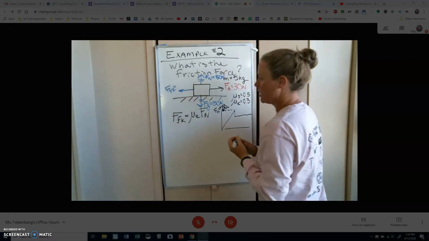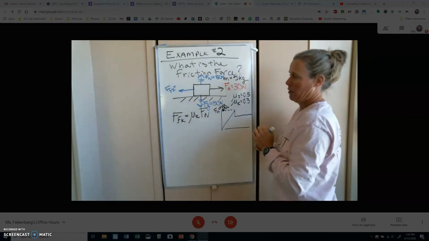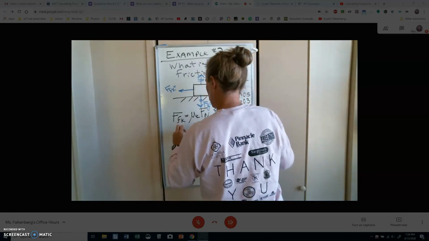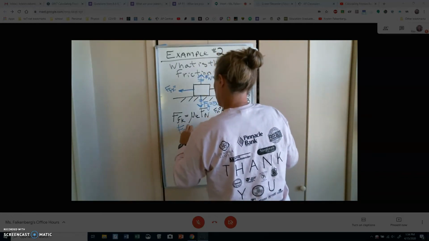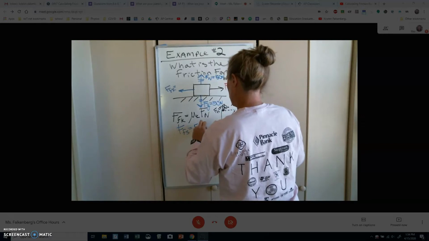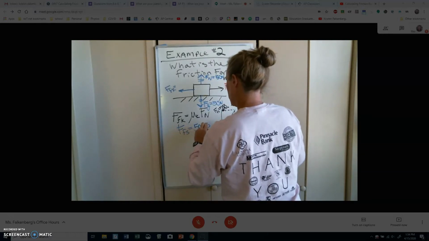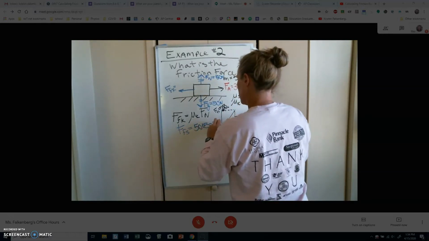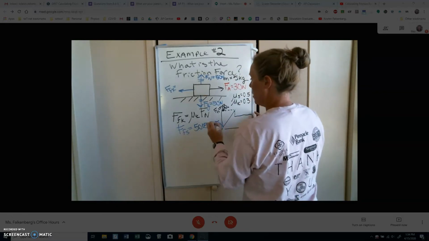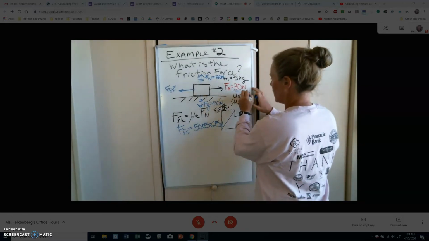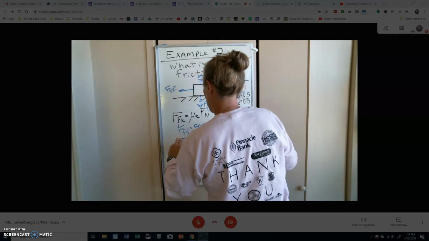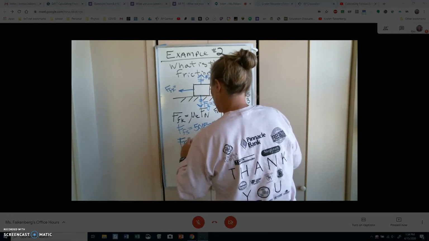And I'm going to say it's kinetic, but let's check. So force friction static is going to be 50 times 0.5 equals 25 newtons. Since we've exceeded it, we are now force friction kinetic.